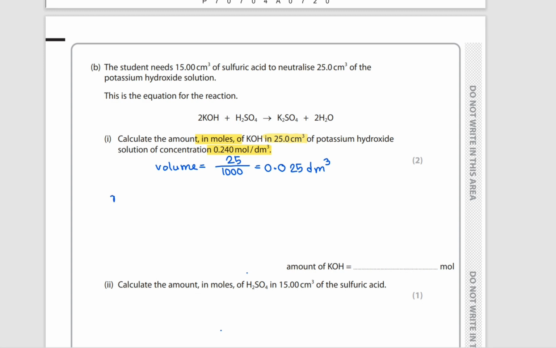And now, in order to find the number of moles, we are using the formula: number of moles equals concentration times volume. So concentration was 0.24 times 0.025, and if you calculate it, you get a value of 0.006 mole.